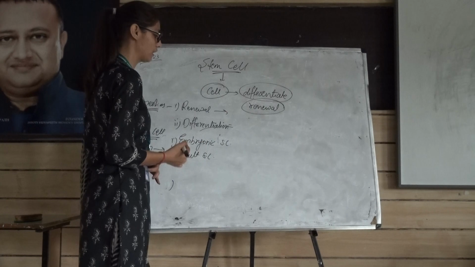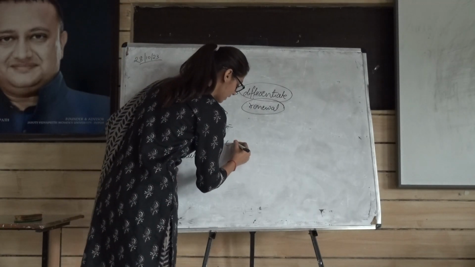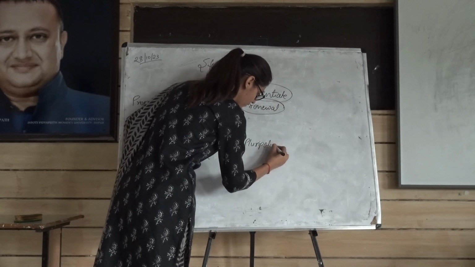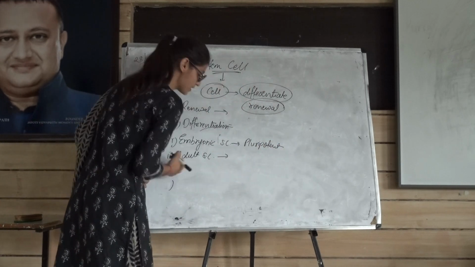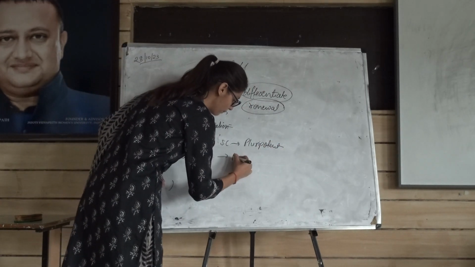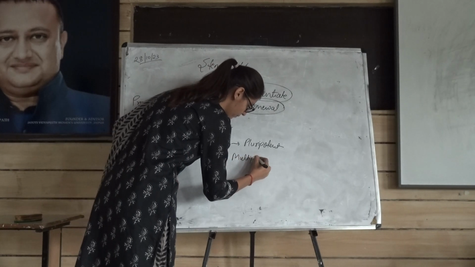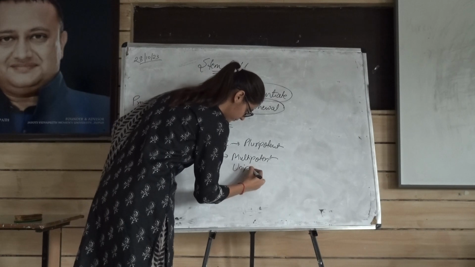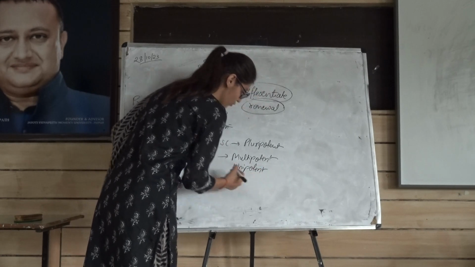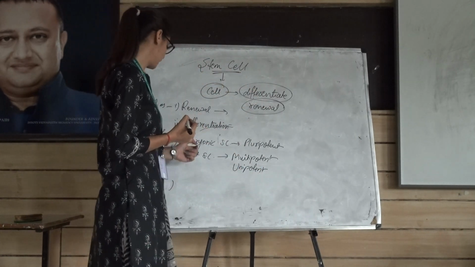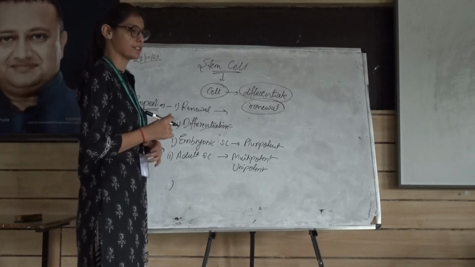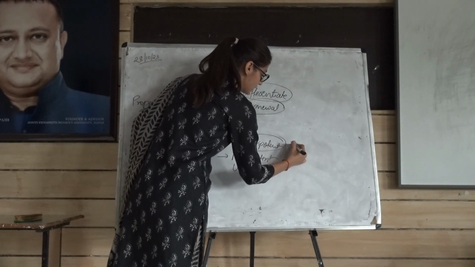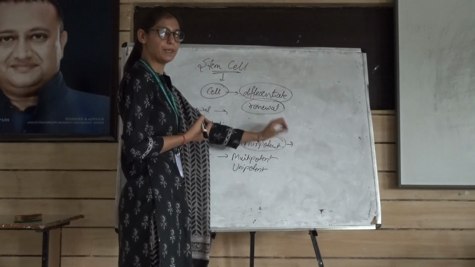Embryonic stem cell includes the pluripotent stem cell, while adult stem cell includes multipotent as well as unipotent stem cell. So let's see from where we can get the pluripotent stem cell. Pluripotent cell, as we see, is the cell which produces a complete embryo.